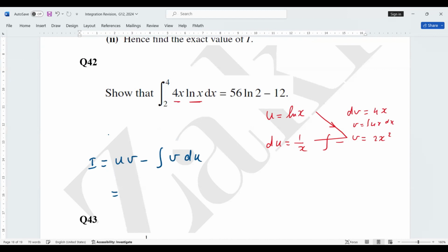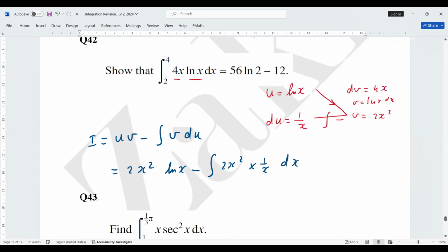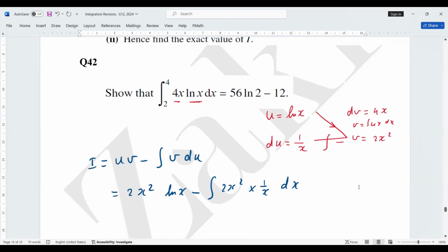uv is ln x times 2x squared. So it's 2x squared ln x minus integration of 2x squared times 1 over x dx. Remember the limit. Here we put the limit first, but at the end, no problem. Cancel x squared with x.